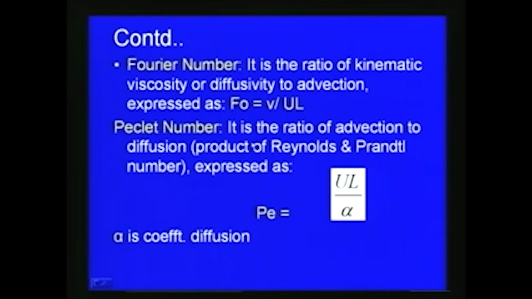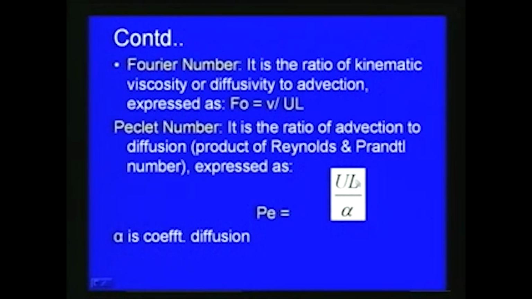And then another important number is called the Peclet number. This Peclet number deals with cases where advection is also important. Peclet number is the ratio of advection to diffusion effect. It is actually the product of the Reynolds and Prandtl numbers. It is defined as Pe is equal to UL by alpha, where U is the velocity, L is the characteristic length and alpha is the coefficient of diffusion.